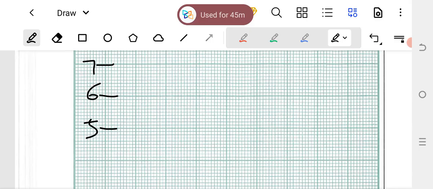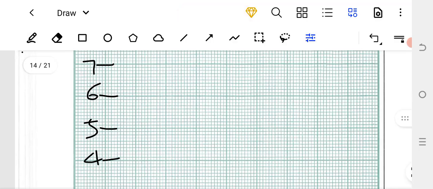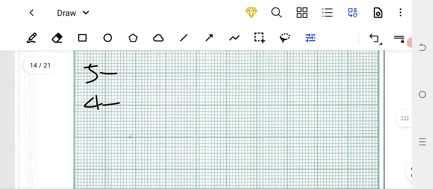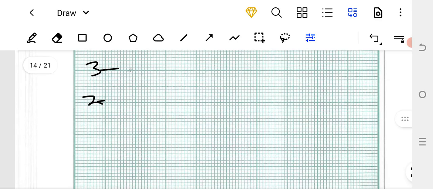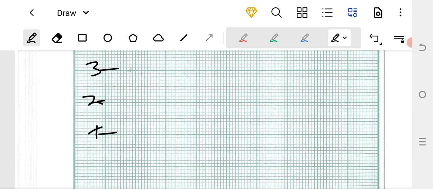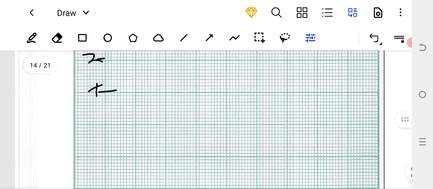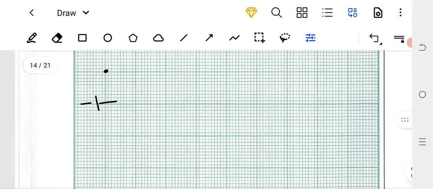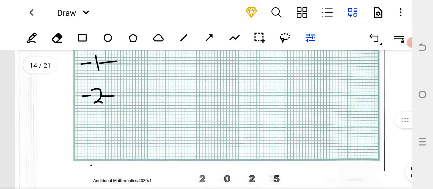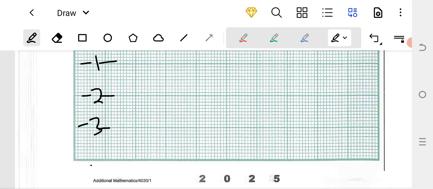A 5, a 4, a 3, a 2, a 1, a 0, a -1, a -2, a -3, a -4.